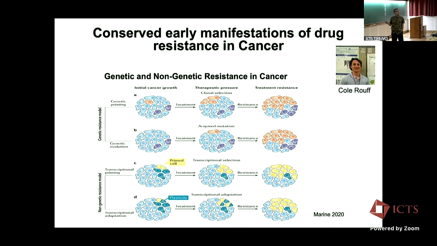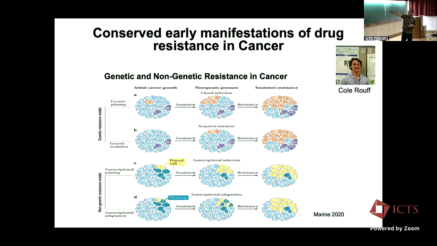Okay, so good. Story number 2, we are ready to go. The second story is, from a thought-experiment perspective, kind of similar. Here, we know about cancer drug resistance. It's always a thing. There are two kinds, genetic and epigenetic, and this is a beautiful review from Chris Marine that lays it out.